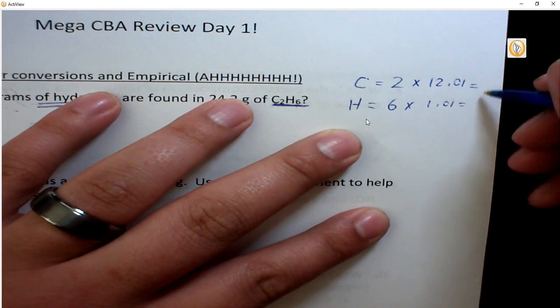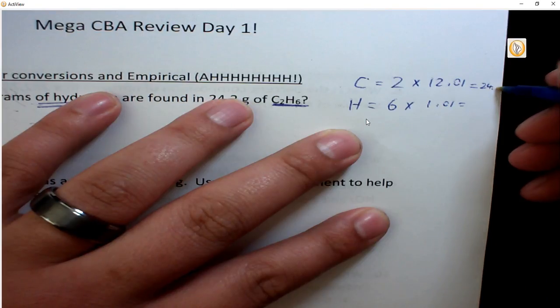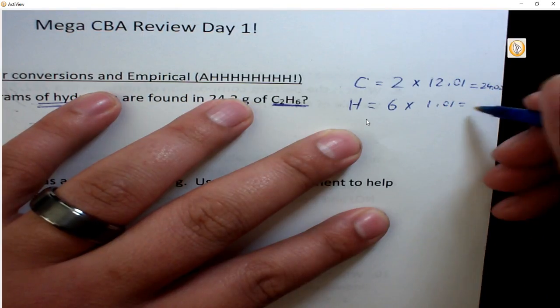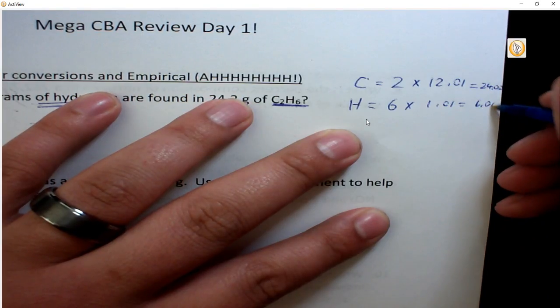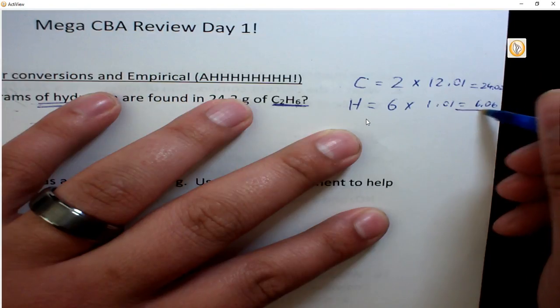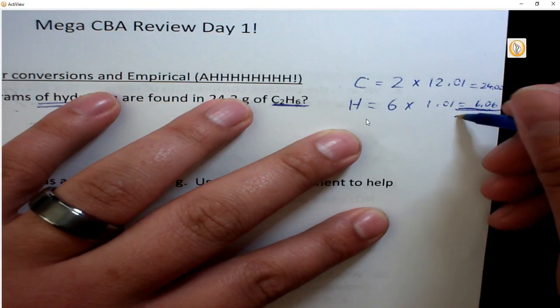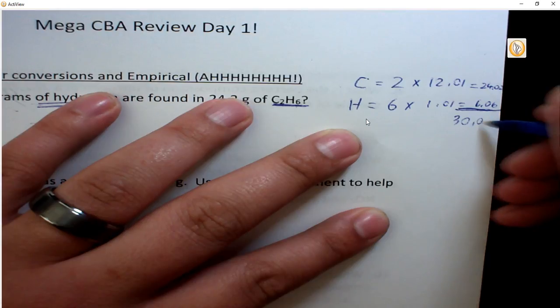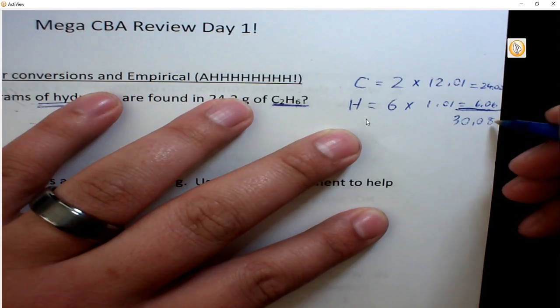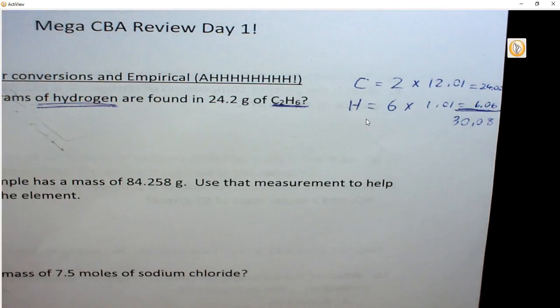Multiplying those out, we get 24.02 and 6.06. After we do that, we just add those together and we get 30.08. Just like how when we always find the molar mass.